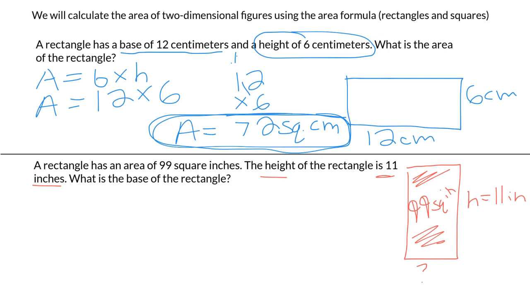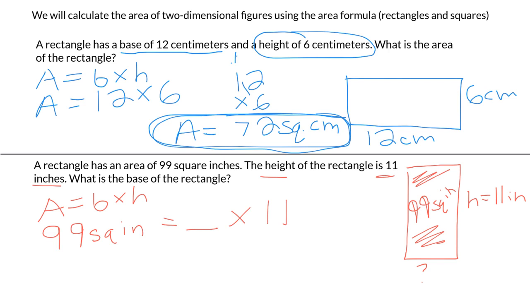So I'm going to use my model here to think about this. I'm also going to write out our area formula. So area equals base times height. We know our area is equal to 99 square inches, but we are missing our base value. So we're missing this value, and we know our height is 11.